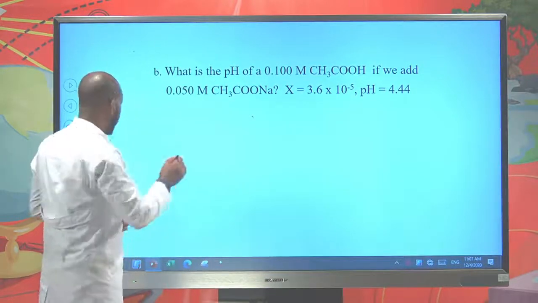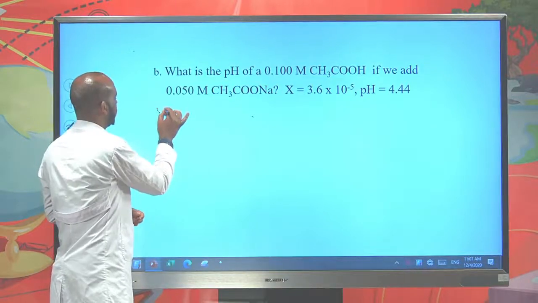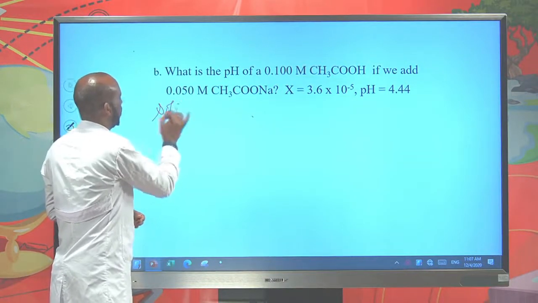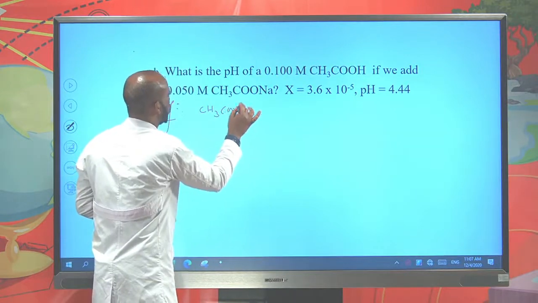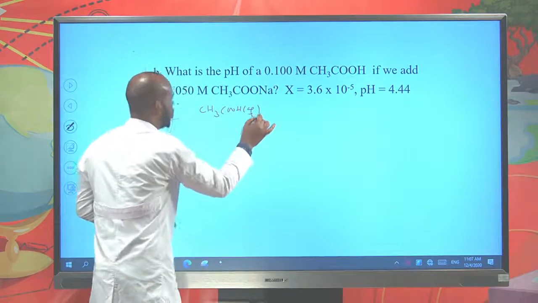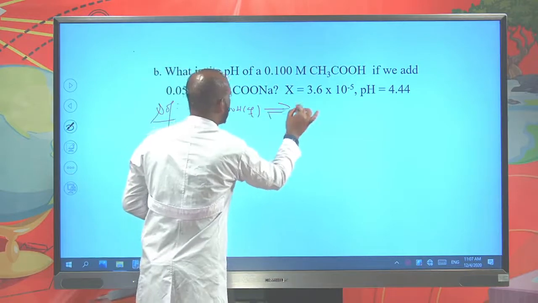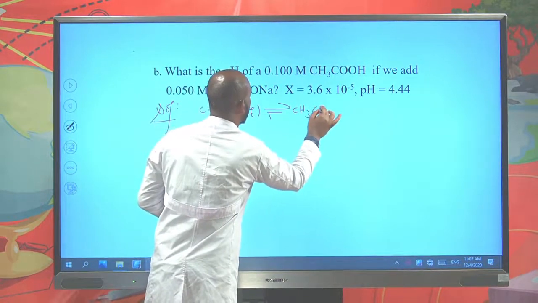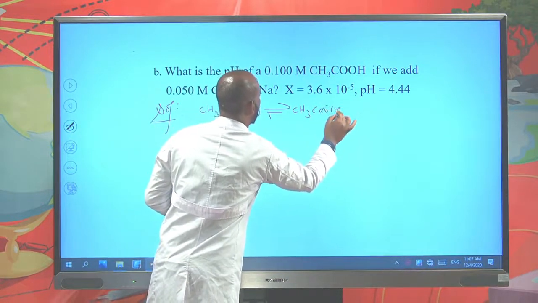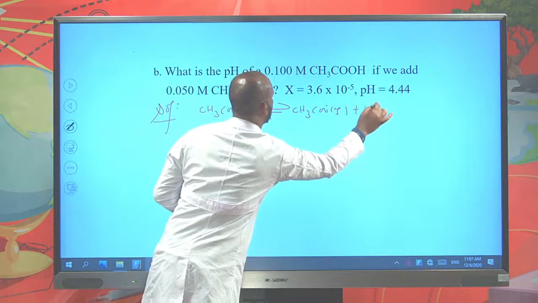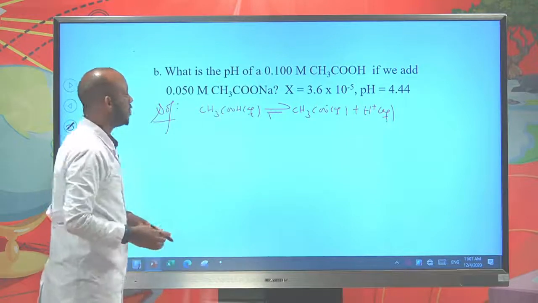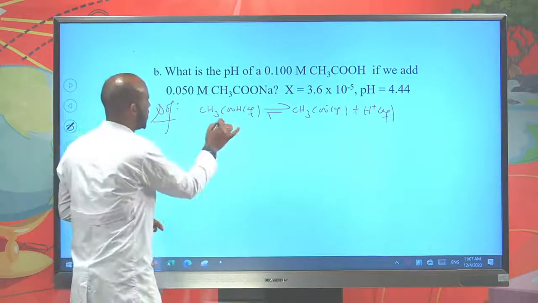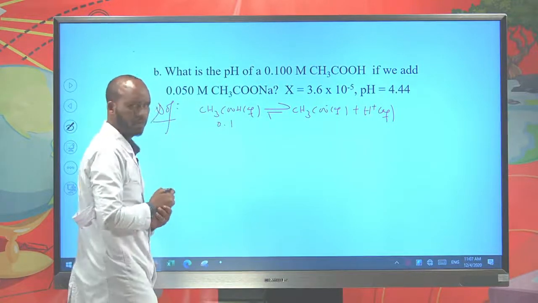Now, acetic acid is a weak acid. Acetic acid, CH3COOH aqueous, slightly dissociates into acetate, CH3COO minus aqueous, plus H plus aqueous. Initial concentration of acetic acid is 0.1 mole per liter.